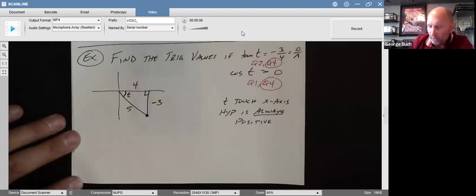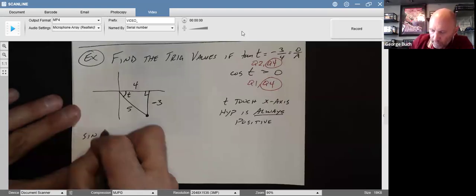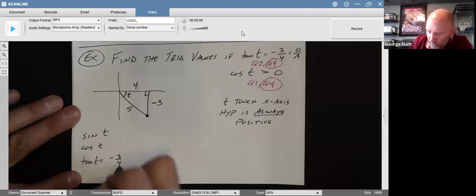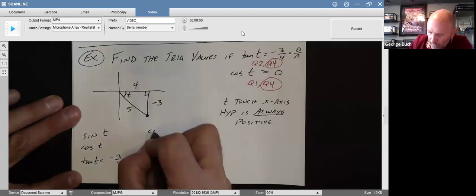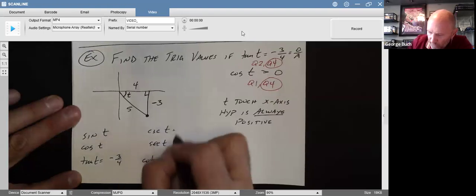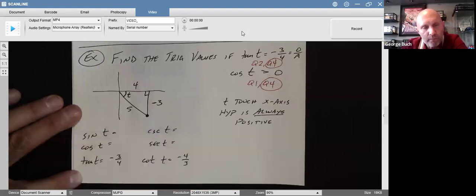Now that I have this triangle drawn, I can figure out all the values. We know tangent of t is -3/4, so therefore cotangent of t is -4/3. And I don't really have to worry about whether I have the signs correct, because I'm getting the sine off of the triangle.